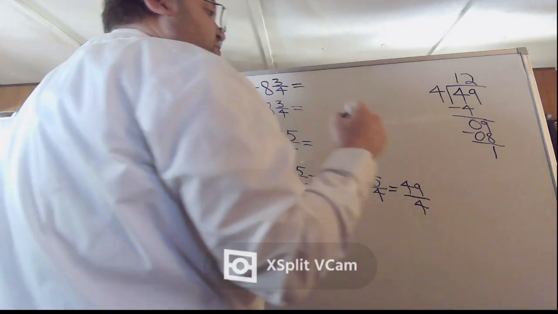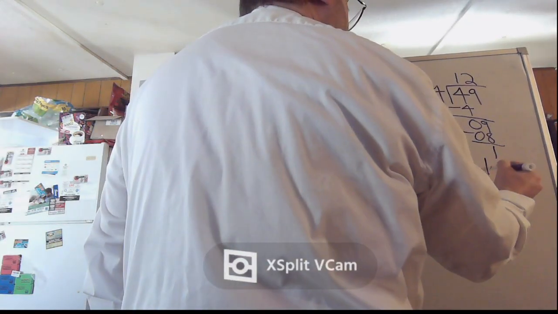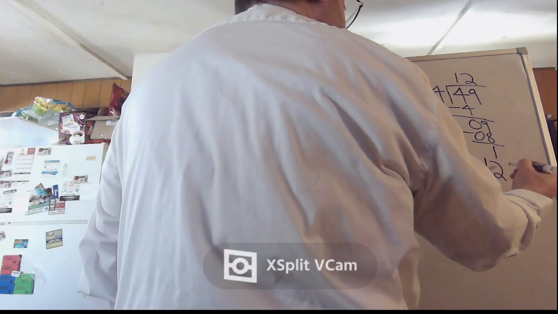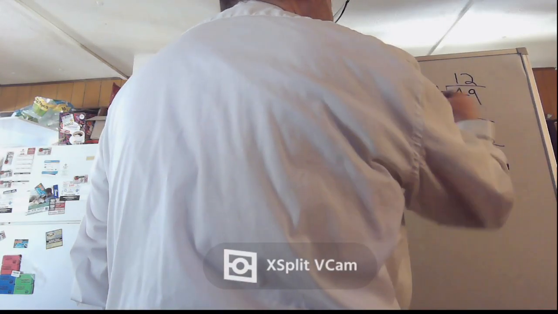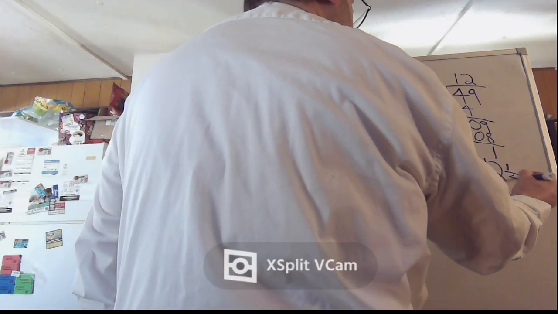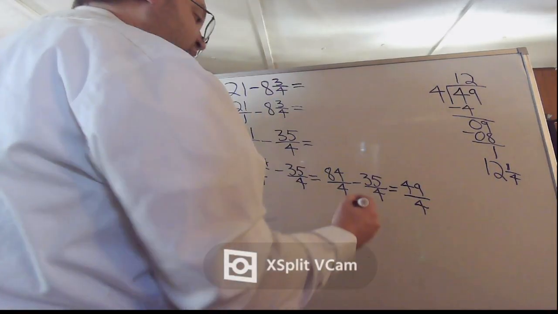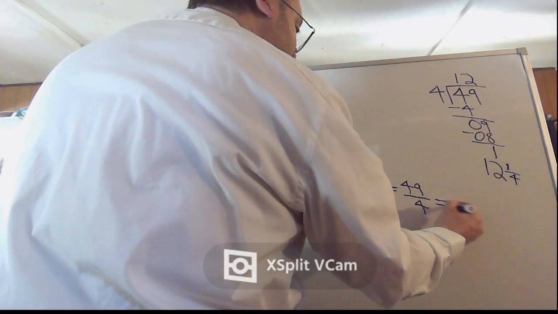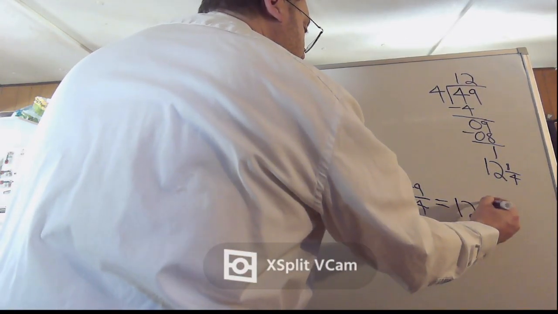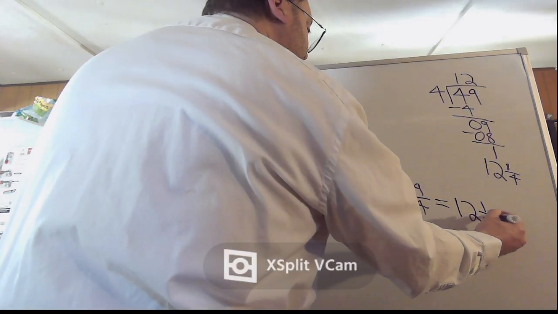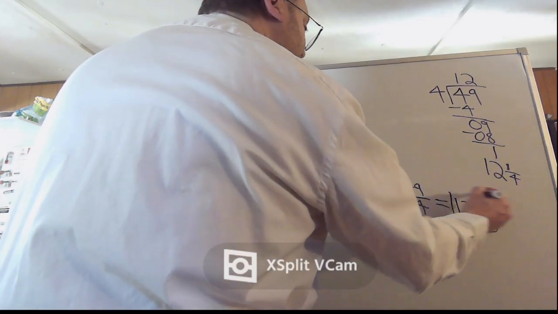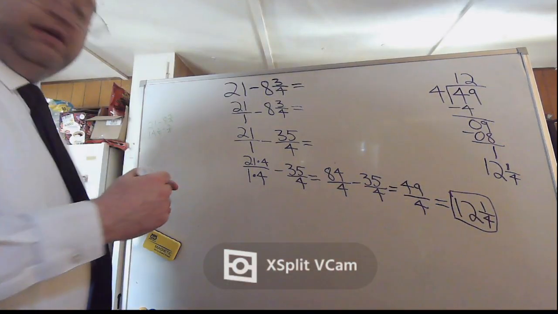So you'll have a whole number of 12. That remainder of 1 will be your numerator. The divisor 4 will be your denominator. So the final answer is going to be 12 1/4. And that's the answer.